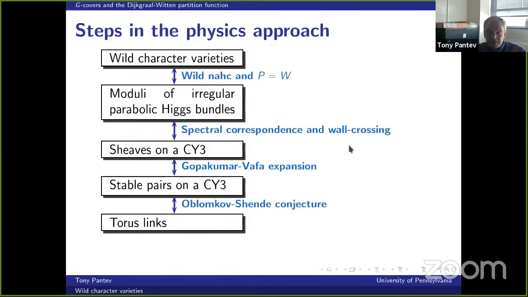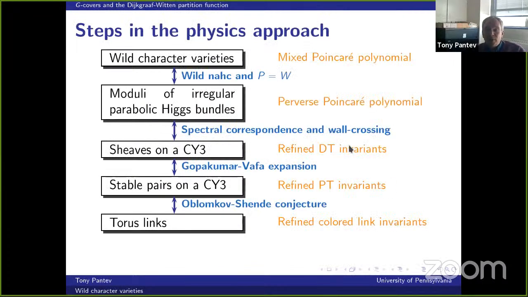And the physics version of those transitions, so maybe before I say the physics version, let me say what we are relating by those transitions. We want the Euler characteristic or the Poincaré polynomial. In fact, it's going to be the mixed Poincaré polynomial of the wild character variety.